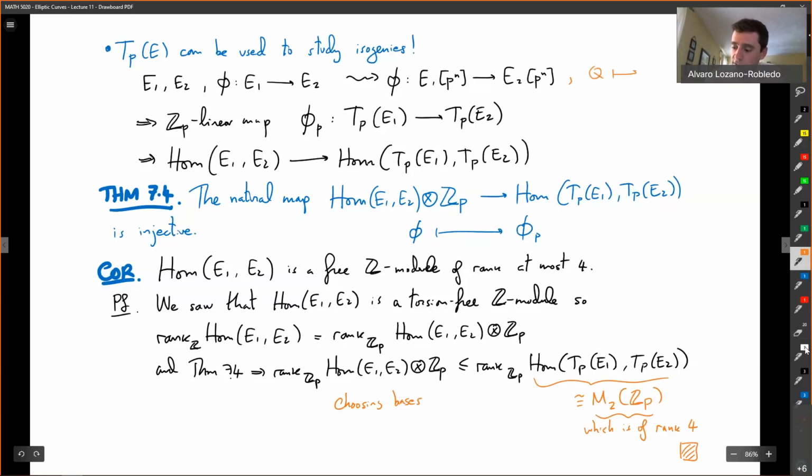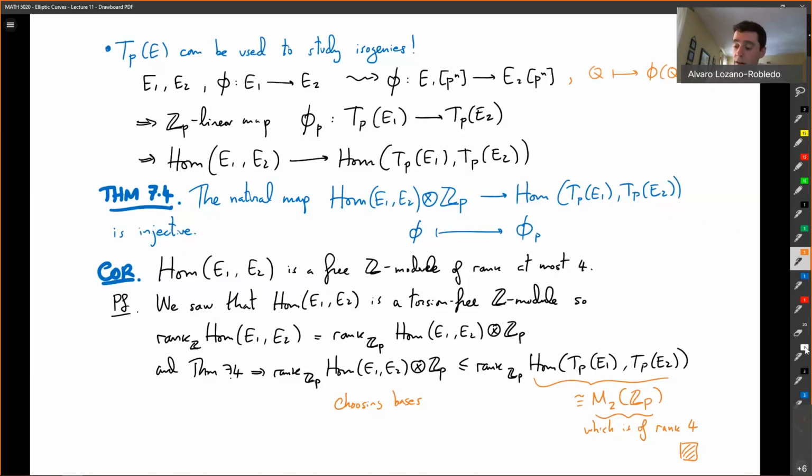It just sends Q to phi of Q. Phi is an isogeny, so it's a group homomorphism. So it sends p^n torsion elements to elements of order dividing p^n. It might drop in order in some cases, but it's in there.